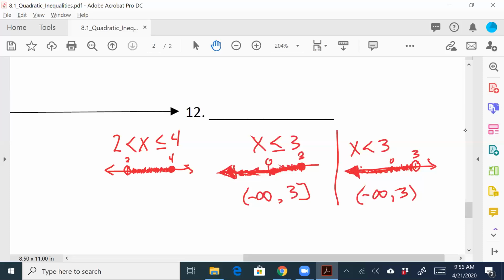And then I'd fill in the spaces in between. For the interval notation, I would show a parenthesis at 2, and at 4, a bracket. What this means in interval notation is that it includes all of the values between 2 and 4, not including 2 because of the parenthesis, but including 4 because of the bracket.